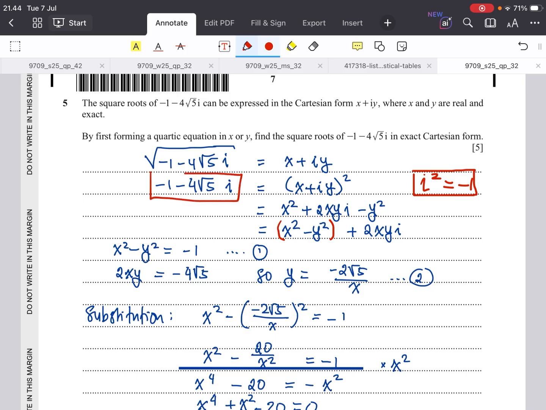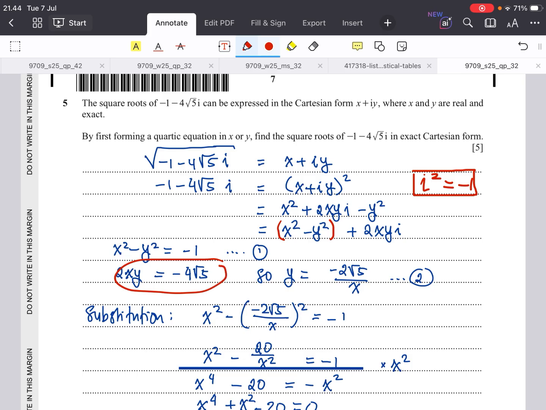Because this one is the same as this, it means that the real part, which is x squared minus y squared, must be -1. So that's the first equation. And then the imaginary part, 2xy, must be the same as -4 square root of 5.